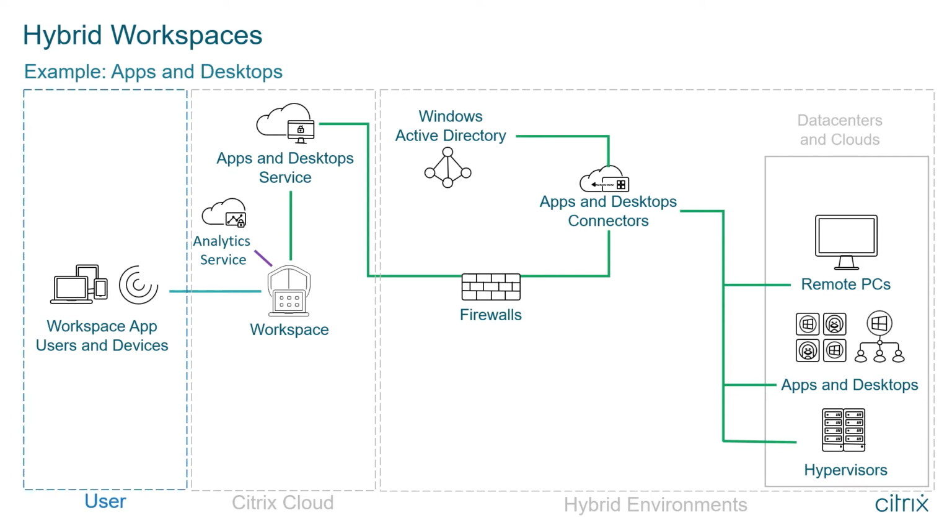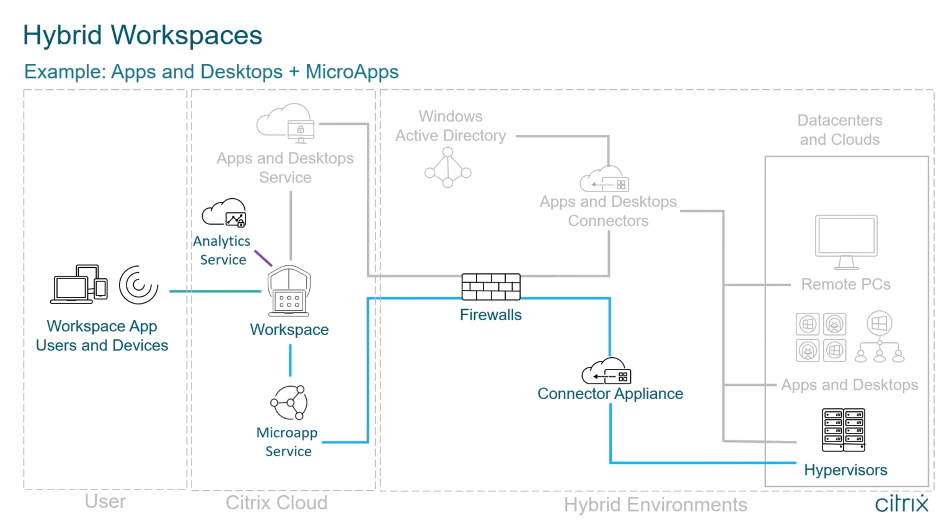So we have users with their endpoint devices with either Workspace app installed natively, or maybe they're using web browser, accessing Citrix Cloud with additional benefits of Citrix Analytics services, and in essence, pretty much the environment that will allow them to gain access to resource locations that are either in the multiple clouds, multiple data centers servicing apps, desktops, Windows, Linux, right? Or even physical PCs via Citrix Remote PC console.